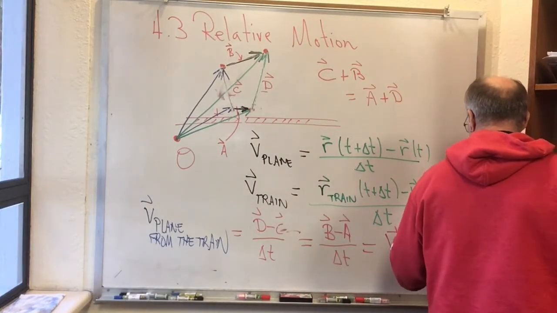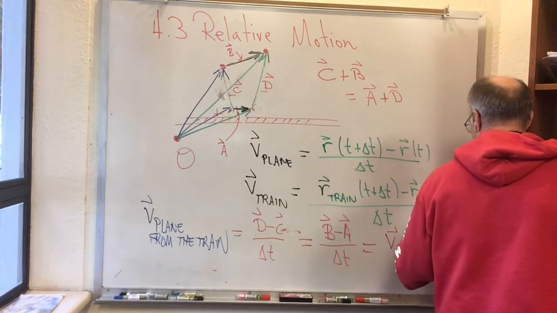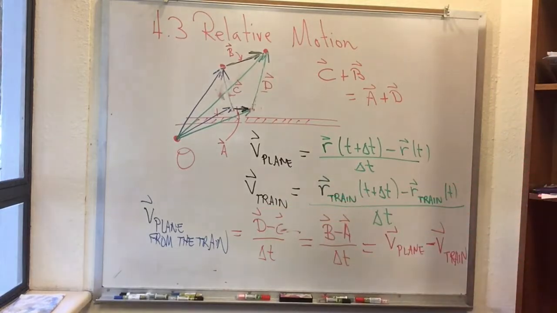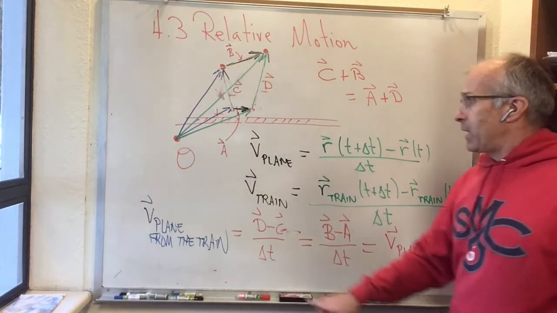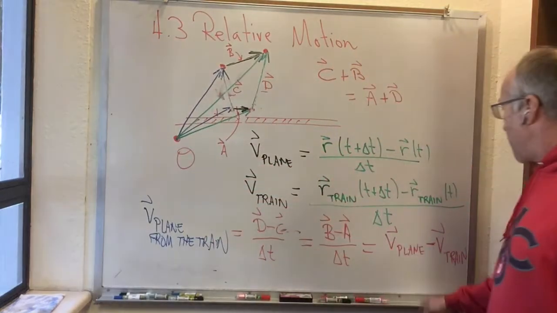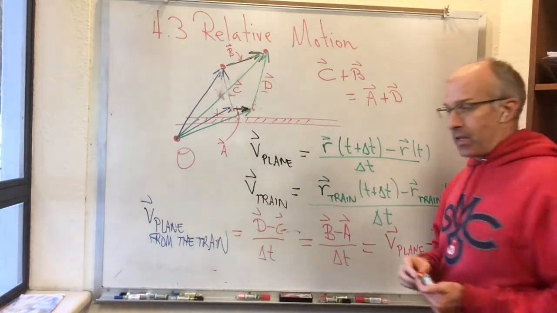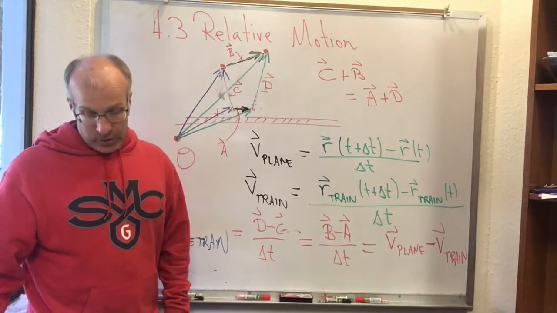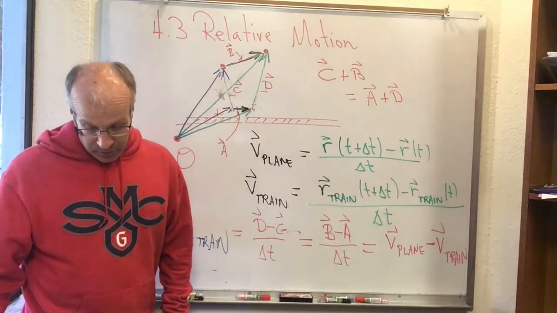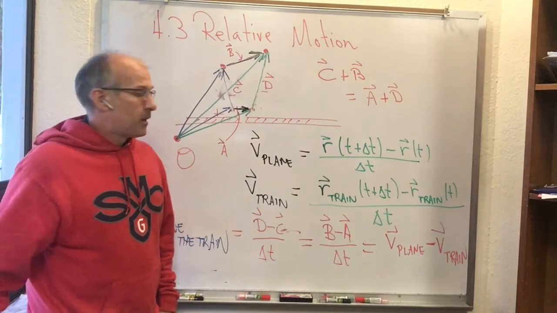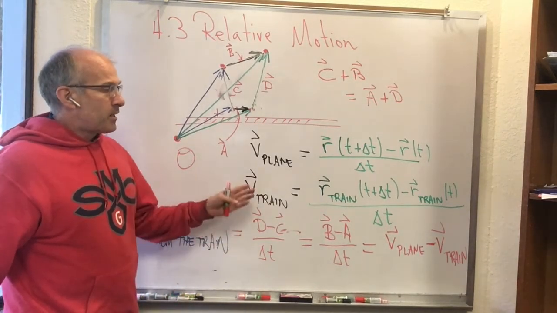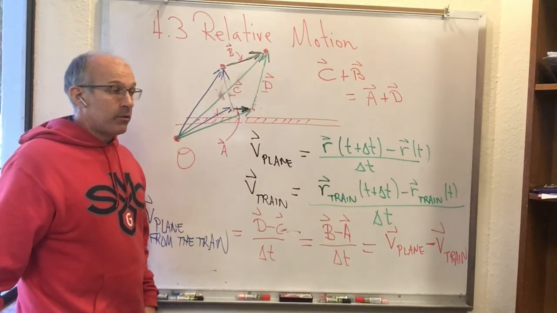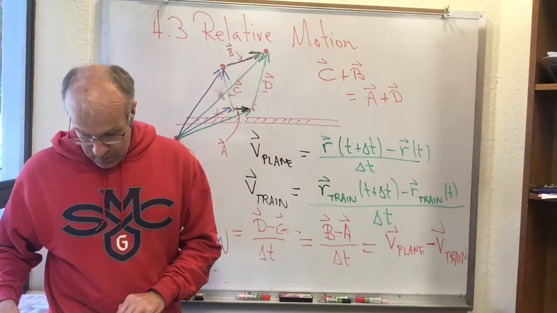So we've just learned this: that the velocity of the plane as viewed from the train is the velocity of the plane as viewed by the observer minus the velocity of the train as viewed by the observer. Okay, that is the central result of section 4.3, basically how velocities add or subtract depending on who the observer is and how much they're observing.